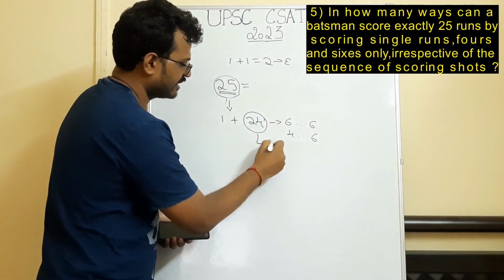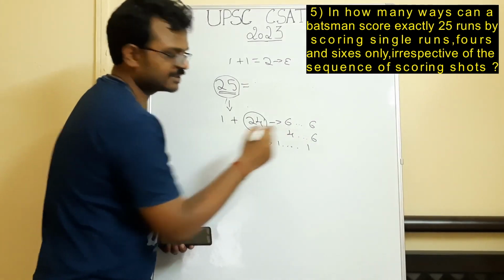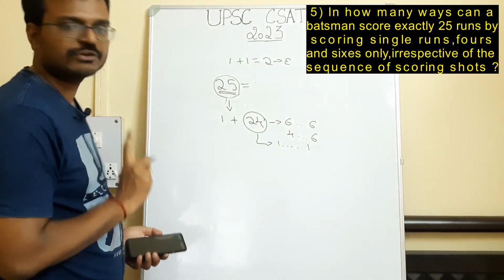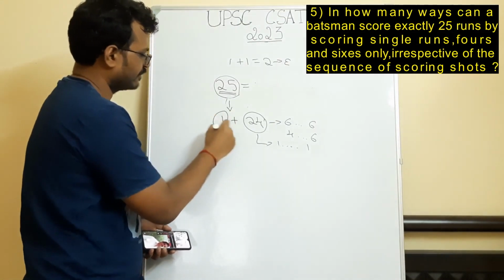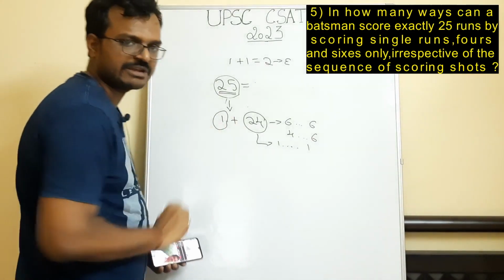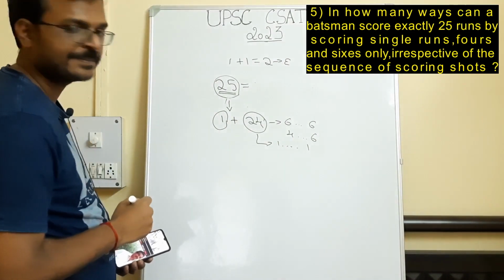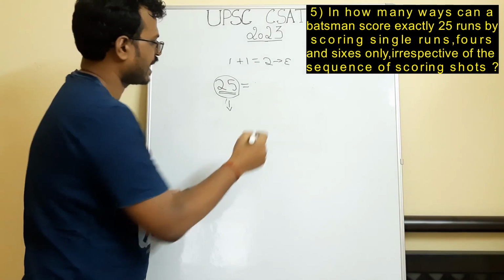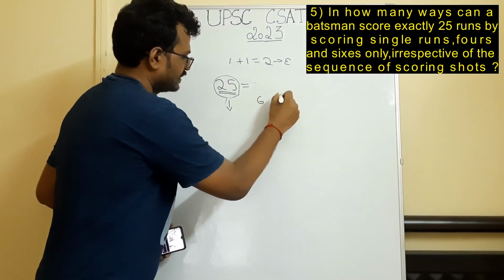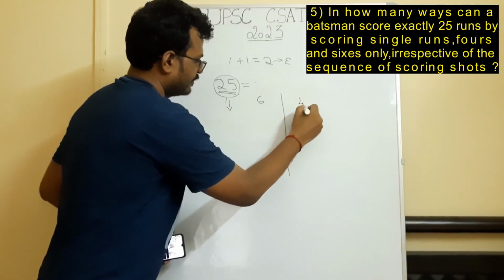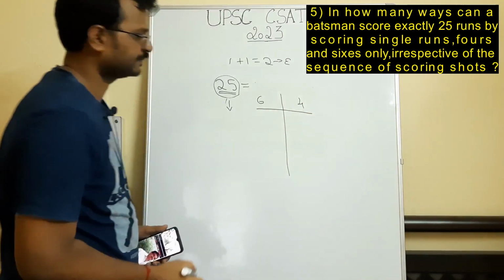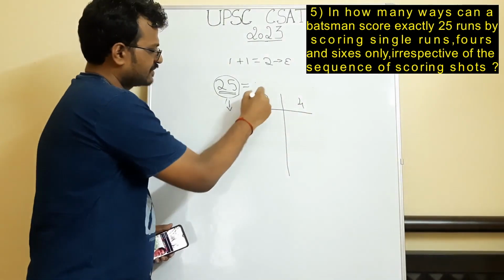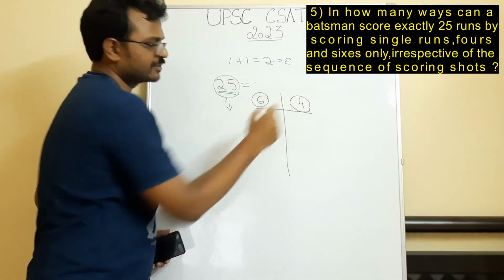It can also be 1 coming in place 24 times. But what we know for sure is that we have a 1 over here. So let's try to play with this 24. I will place here 6 and 4. This indicates the number of 6s and this indicates the number of 4s.